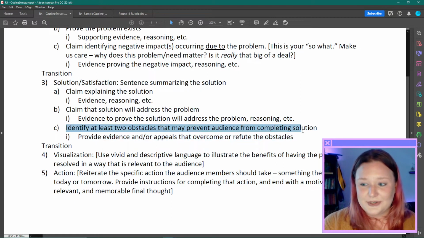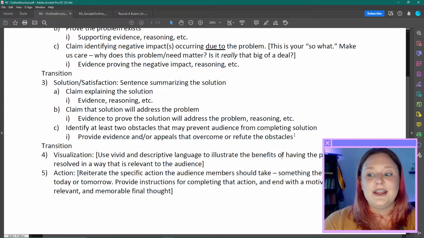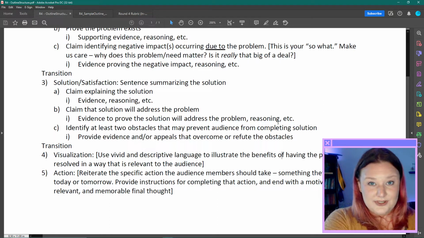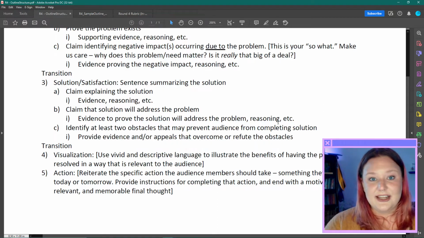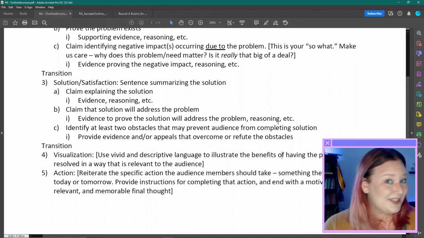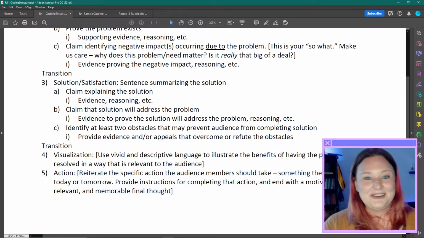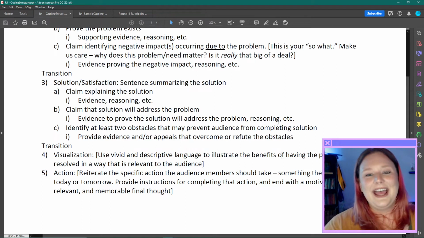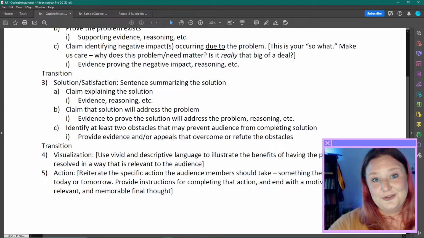And of course, like we just talked about in class, this is the step where you will also include those 2 obstacles or arguments against why someone might do this. Again, the point is to anticipate excuses you might get from your audience, reasons why they don't want to do this, reasons why they won't think it'll work, and to address them.